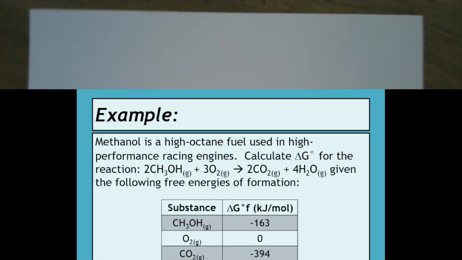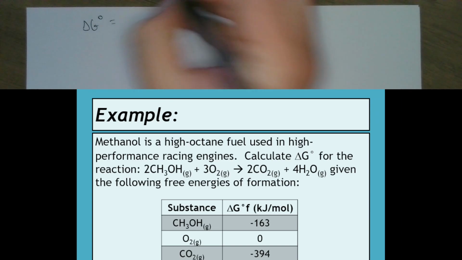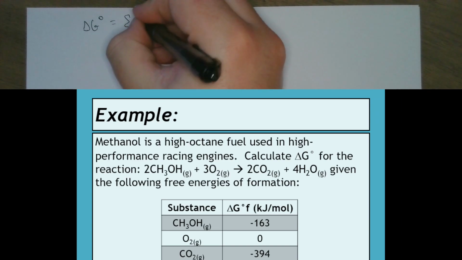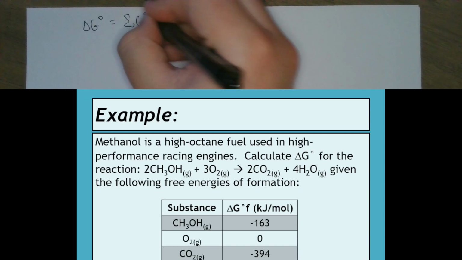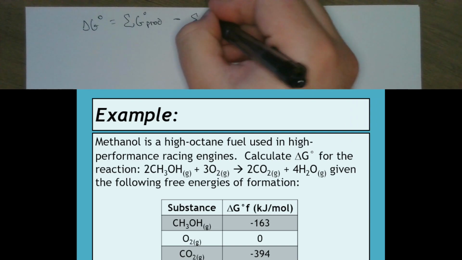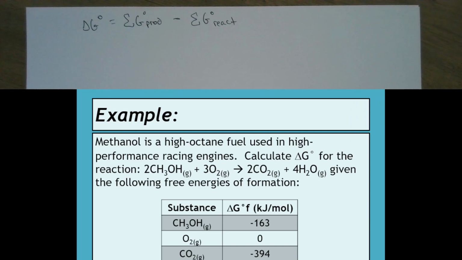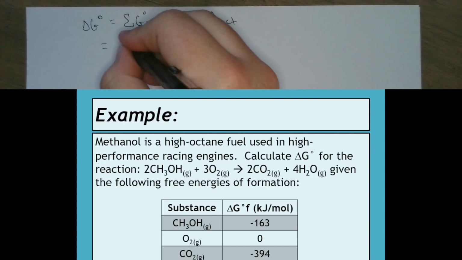Okay, so for my reaction here, I'm going to do the same thing. Delta G equals the sum of the G of the products minus the sum of the G of the reactants. I'm just going to plug all my numbers in, exactly the same as before, using the data table, and we'll get our answer.